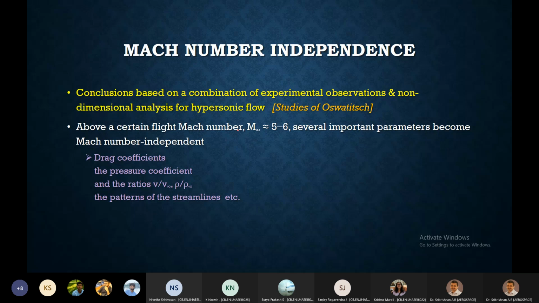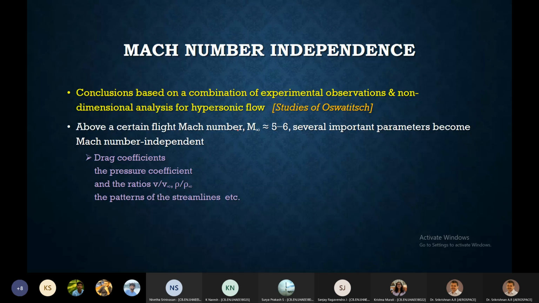What it helps us to conclude is that if we formulate the equations using the non-dimensional parameters and solve for them, the result will be independent of Mach number. This can be generalized as: in hypersonic flow, the non-dimensional parameters, say P, what we mean by that is v by v infinity, rho by rho infinity, and p by rho v infinity squared, etc., are all independent of Mach number.